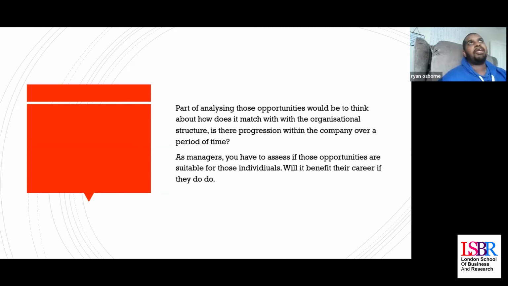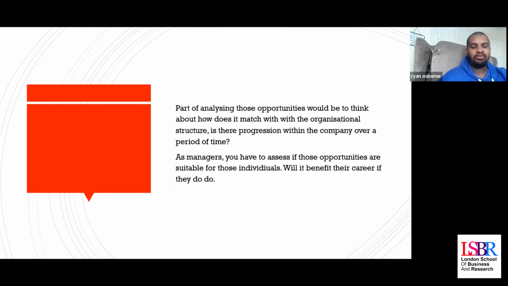So if they are going to shadow a senior partner, how will it benefit them? Why will it benefit them? That's all the things you have to look at. Why will it benefit their career?